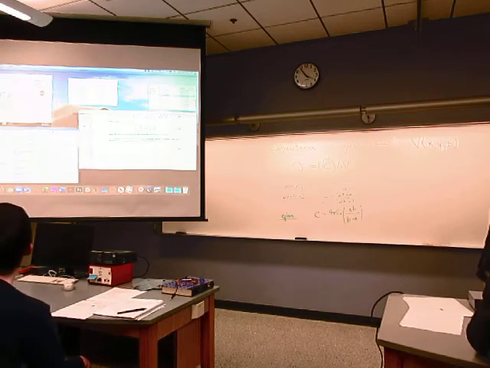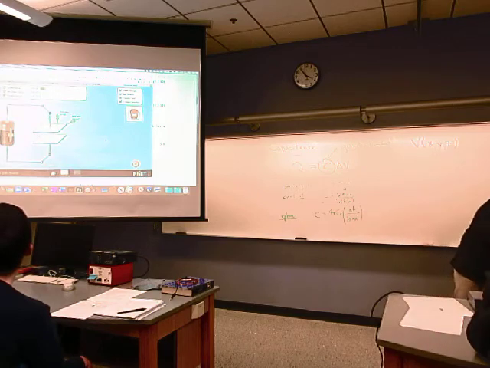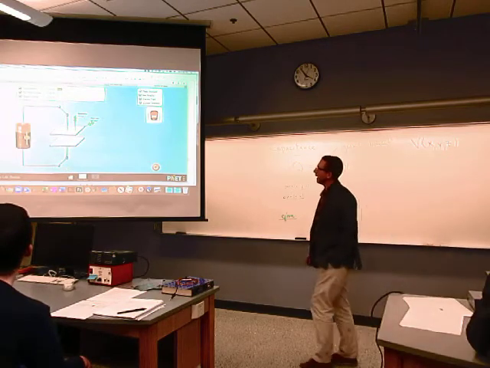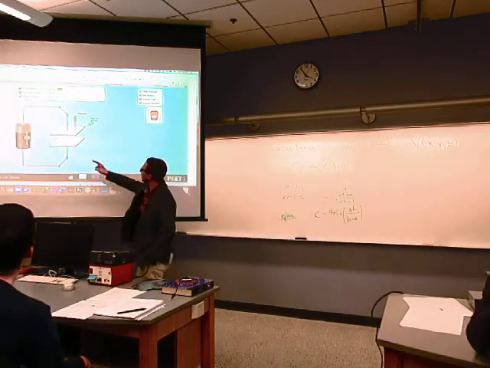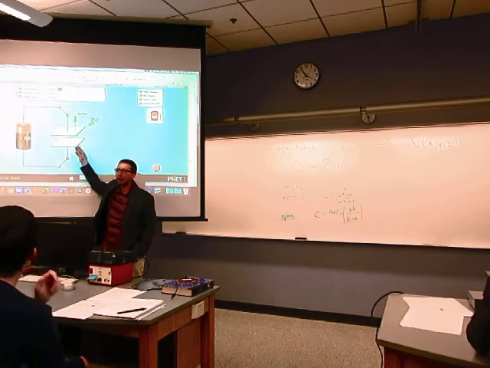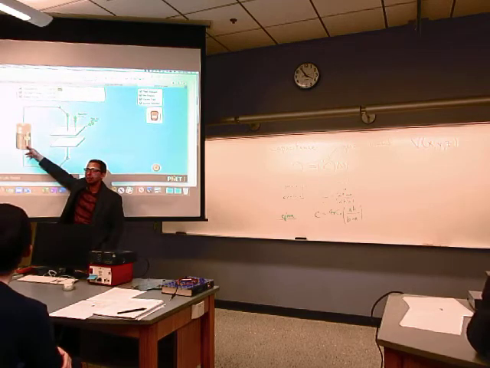So here is a capacitor in a circuit, and this would be what kind of capacitor? Parallel plate. Now, here is a battery, and a battery's job is to act like a charge pump.